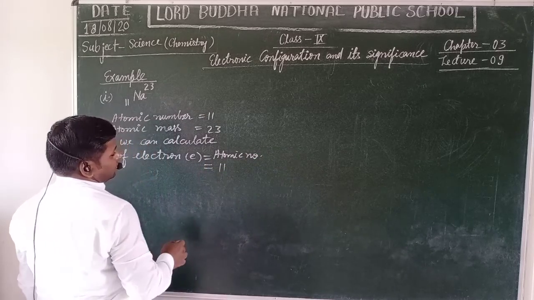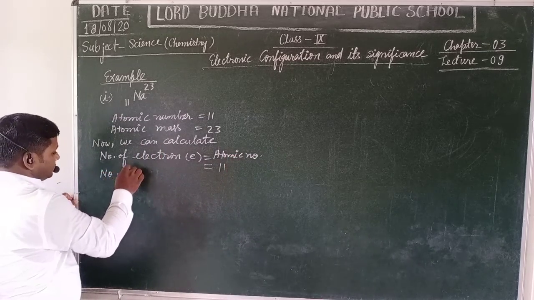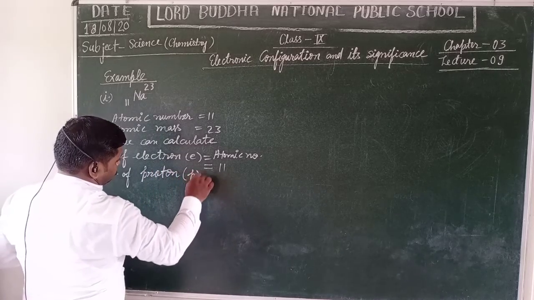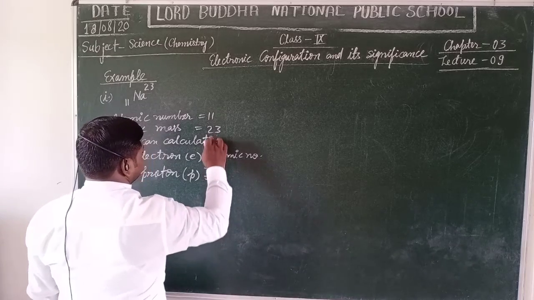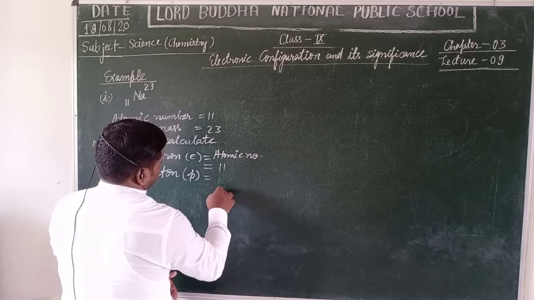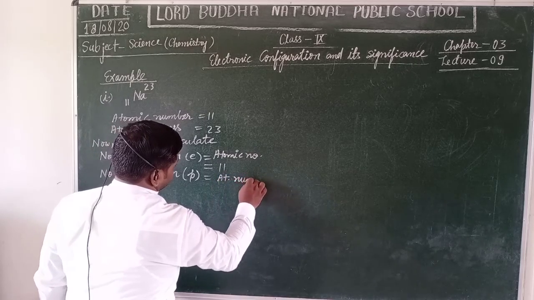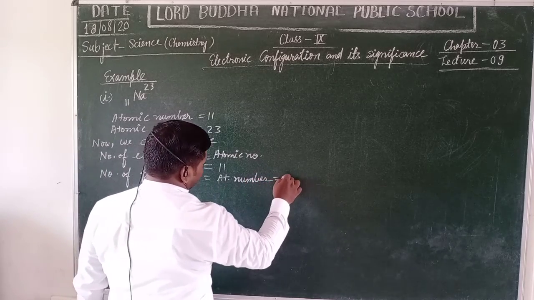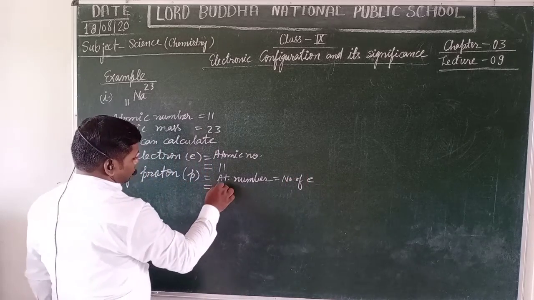The atomic number of sodium is 11. Number of protons P is also equal to the atomic number, which means 11.